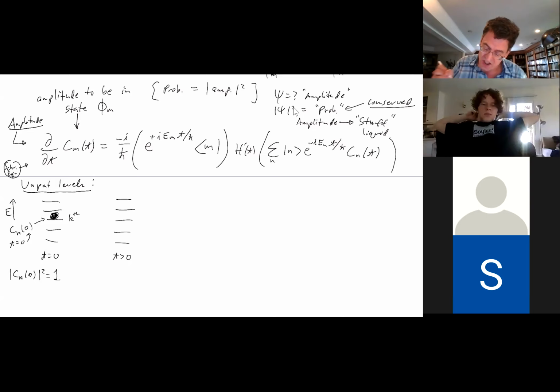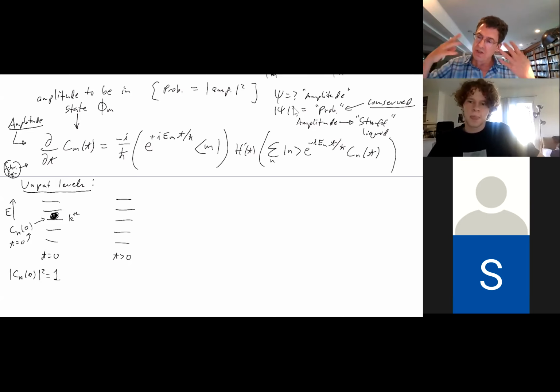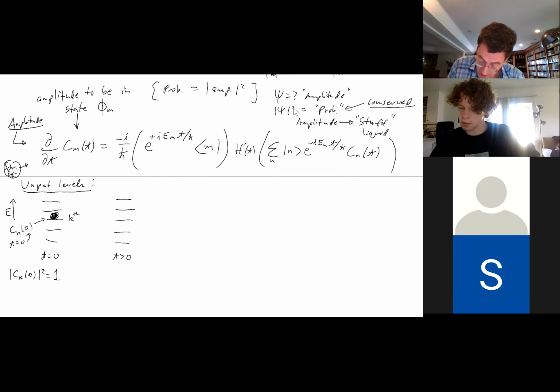The Schrodinger equation basically tells us how the amplitude of a system evolves in time. So you have to think of amplitude as stuff.